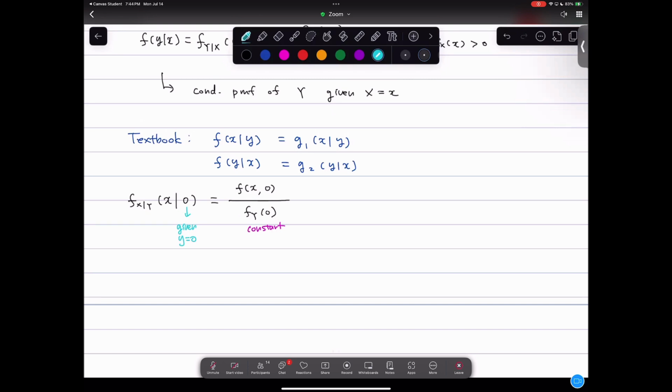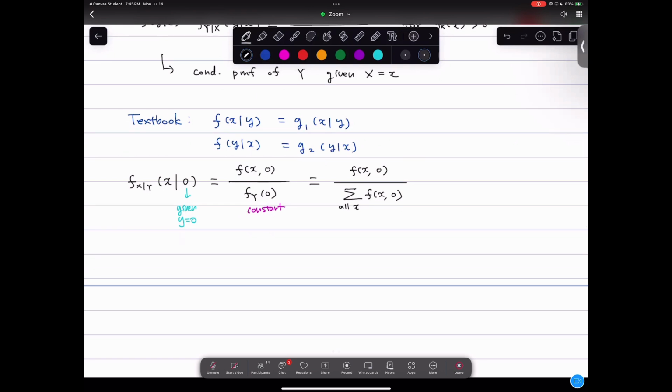In the denominator, I want all these y values of 0, so I have to get all these probabilities and add them up together. x, y has to be 0 for all the x's to get the marginal, then the joint on top. So this is your conditional.